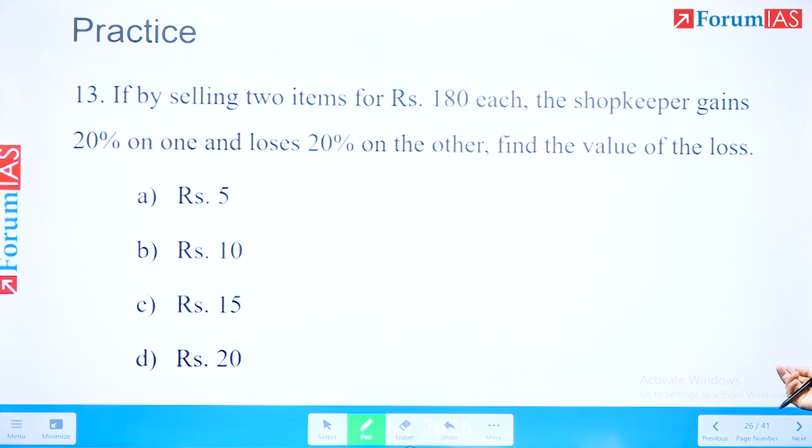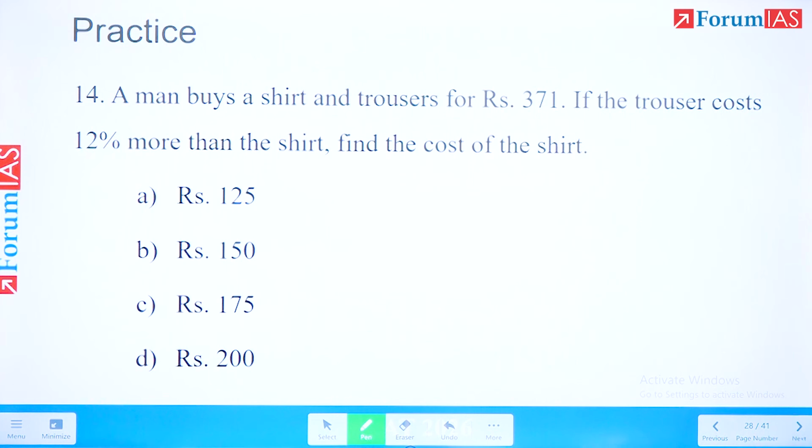14th. A man buys a shirt and trouser for 371. Trouser costs rupees 12% more. Find the cost of the shirt.